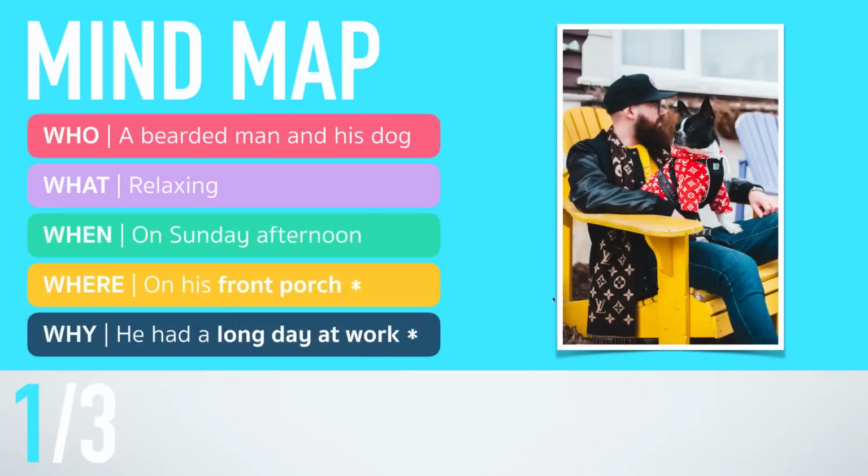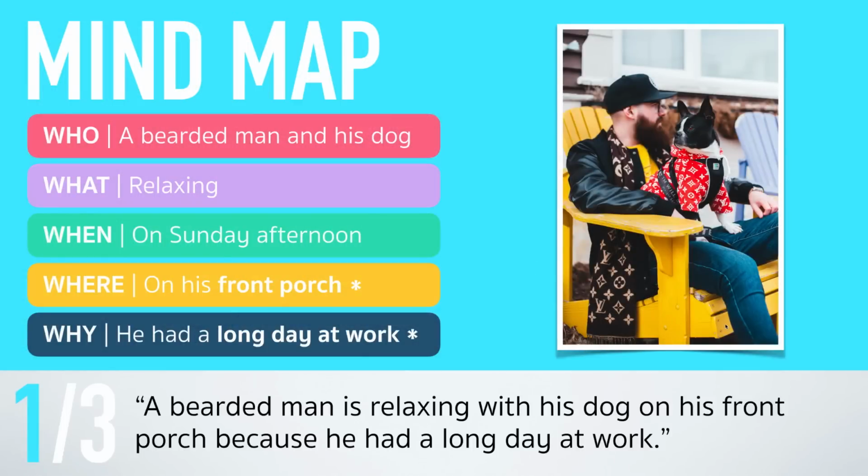So now I have all my bits or chunks of information. I've organized my thoughts using the 5 W's, and now I want to create sentences so that I can speak in English. So let's see what our sentences look like. Here we go. A bearded man is relaxing with his dog on his front porch because he had a long day at work.